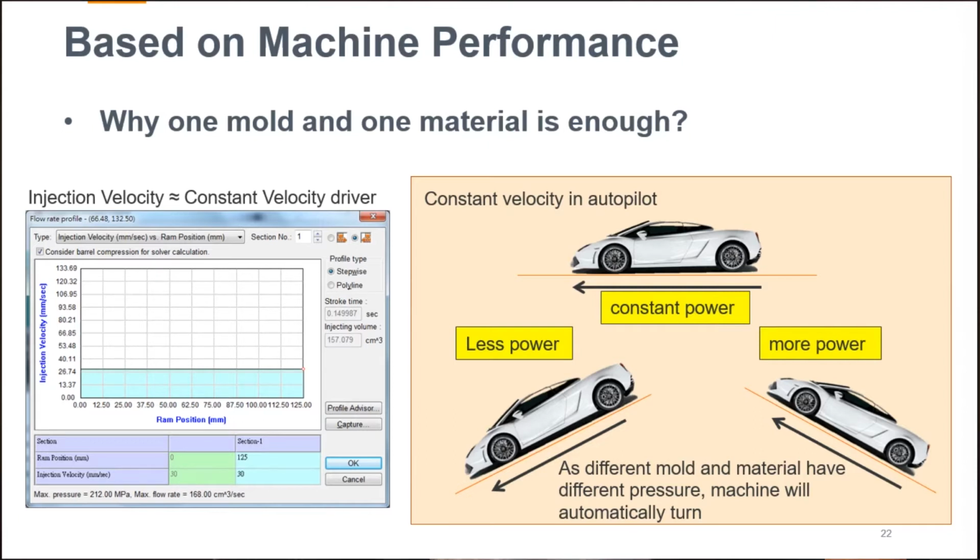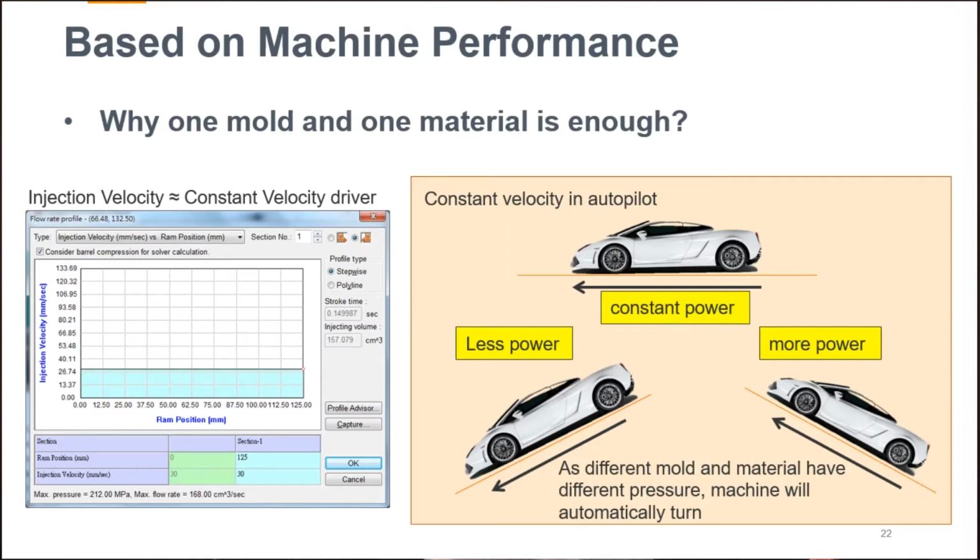If we change the material, for example to a material with a lower viscosity that is easier to fill, the machine will automatically lower the power and the pressure, and maintain the same velocity. So this is pretty much the same concept as a car.